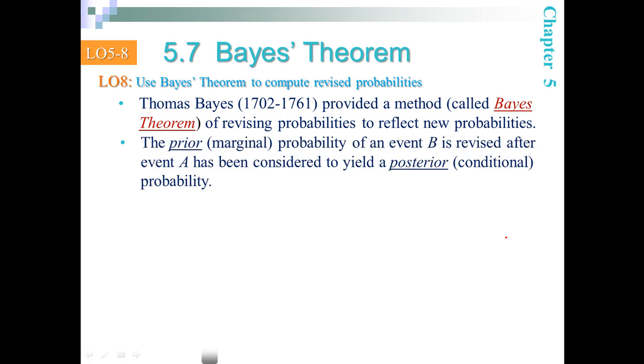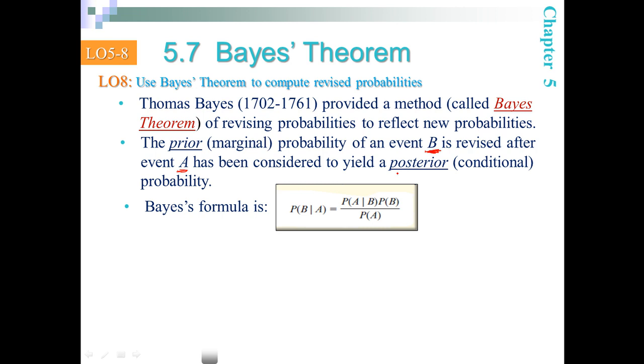So what he said is we have a prior probability or a marginal probability or an unconditional probability of some event, and we'll call it B, and we'll say how can we revise that given that we know that the event A has taken place, and that gives us what we call a posterior or a conditional probability. So Bayes' theorem says the probability of B given A is just the probability of A given B times the probability of B divided by the probability of A.